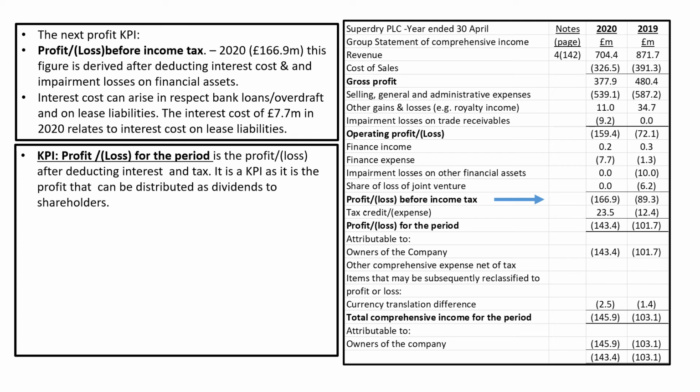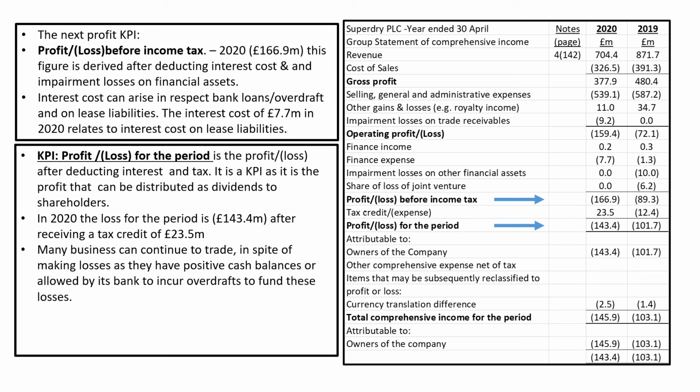The next KPI is the profit or loss for the period, and this is arrived at after deducting interest and tax. It is a KPI as it is the profit that can be distributed as dividends to shareholders. In 2020, the loss for the period is 143.4 million after receiving a tax credit of 23.5 million.